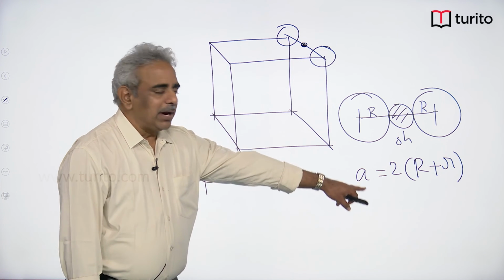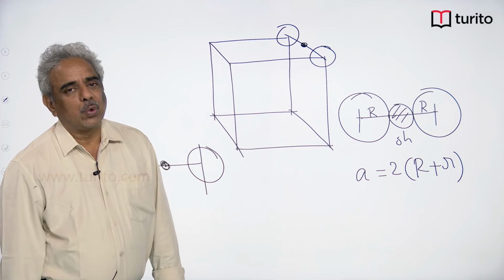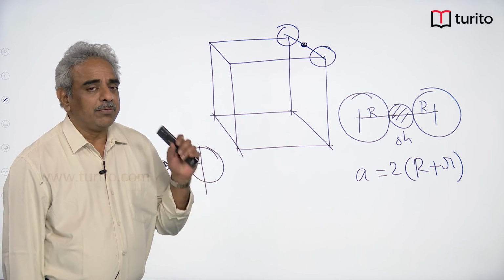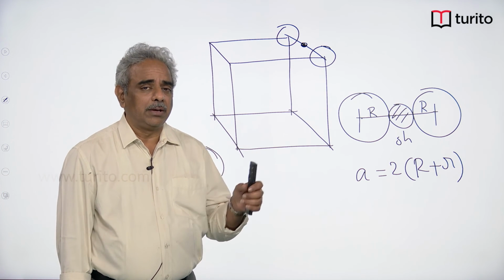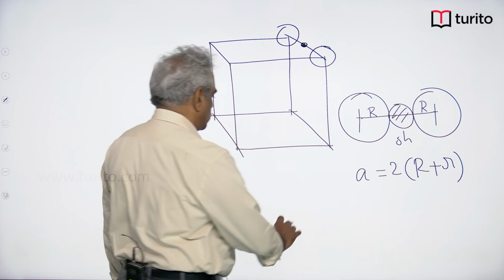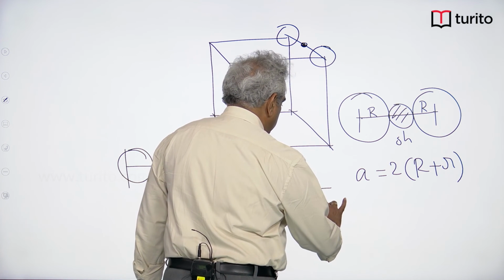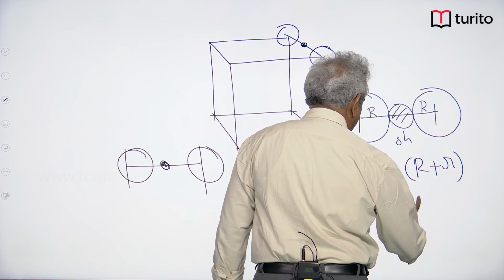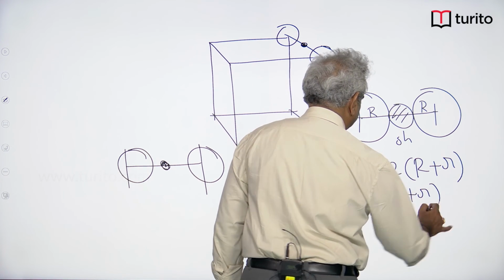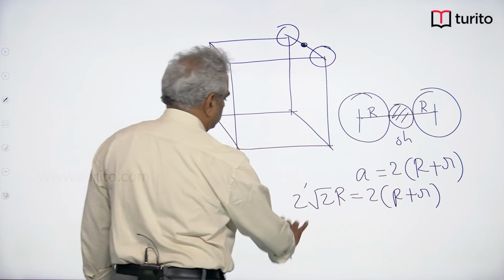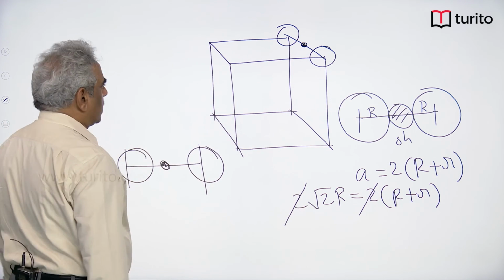Now, we know pretty well again a is equal to 2 root 2 R. I proved it many times. In case of FCC, the edge length is given by 2 root 2 R. So 2 root 2 R is equal to 2 into capital R plus small r. So I will cancel out 2. What am I having?